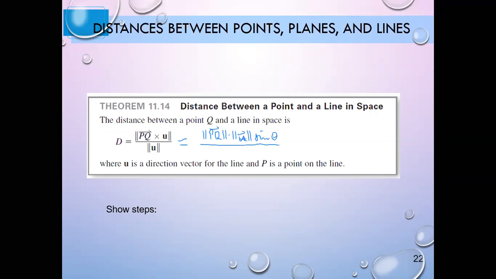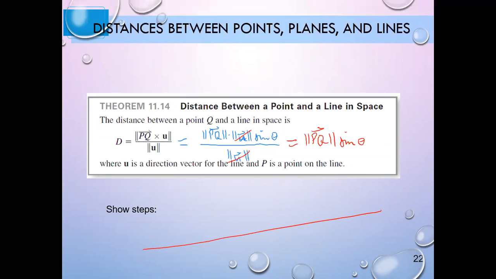And that would be divided by the length of U. So in the end, these length of U's would cancel, okay? And so apparently, the formula for distance between a point and a line is simply PQ times sine of the angle between the direction vector and this vector PQ. Now let's kind of see why that happens to be the case.